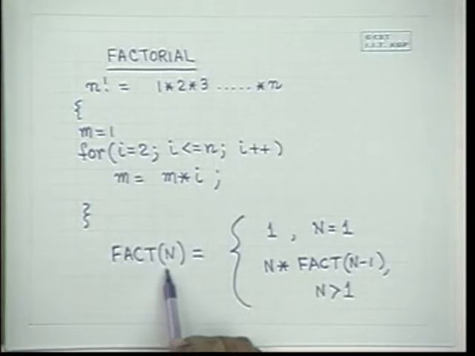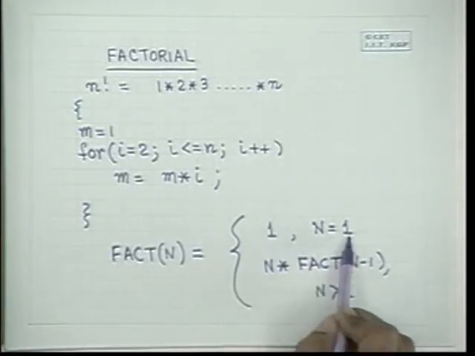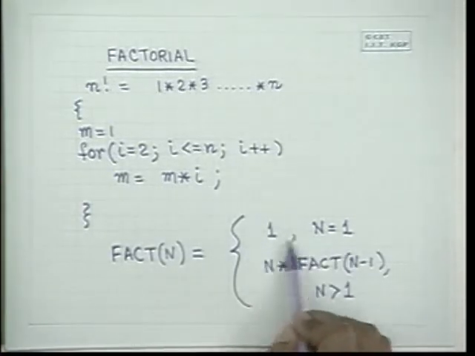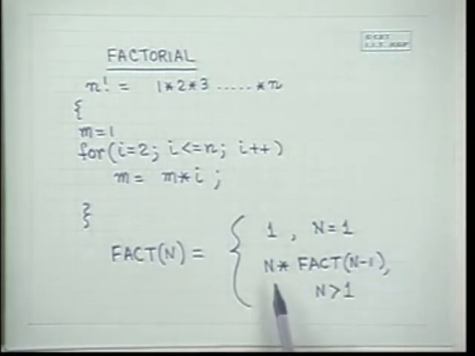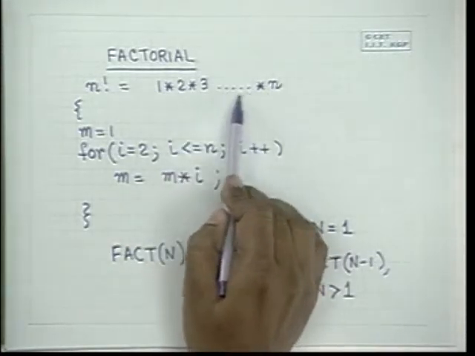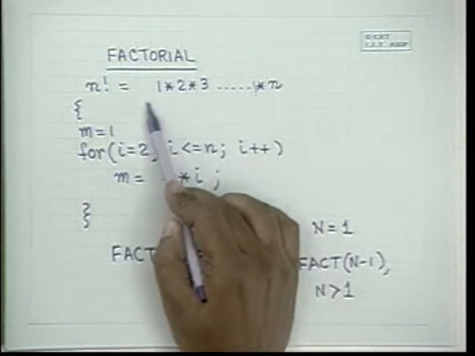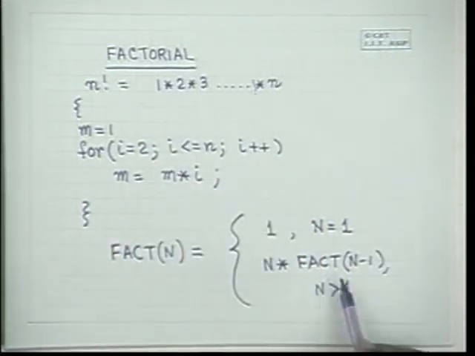So factorial of n is equal to 1 if n is equal to 1, which is the base of the inductive definition. Otherwise, it is n multiplied by the factorial of n minus 1, which you can obviously see if you look at it backwards. Therefore, we get here an inductive definition.